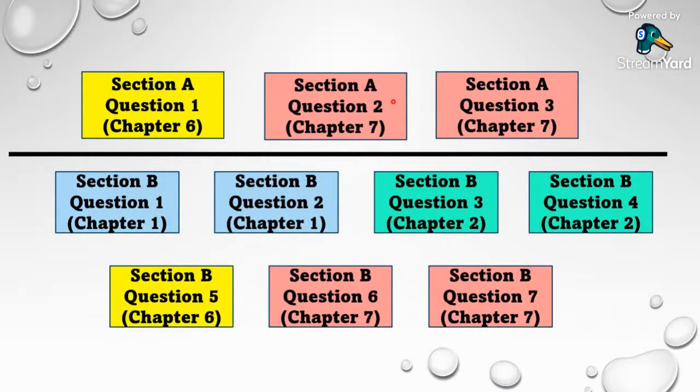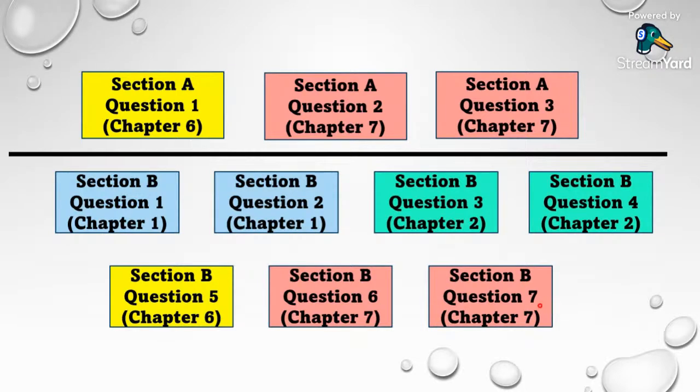So just now we have discussed section A, questions 2 and 3 for chapter 7. Now, the next two questions about finance will be section B, 6 and 7. Please kindly pay attention here because these are not single transaction questions.